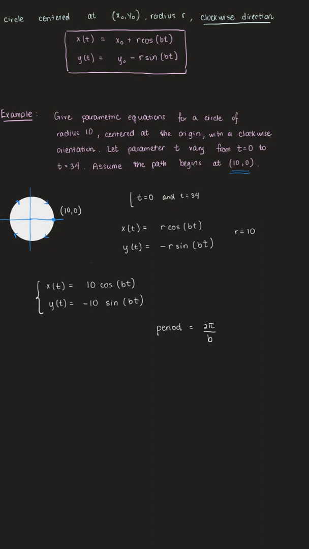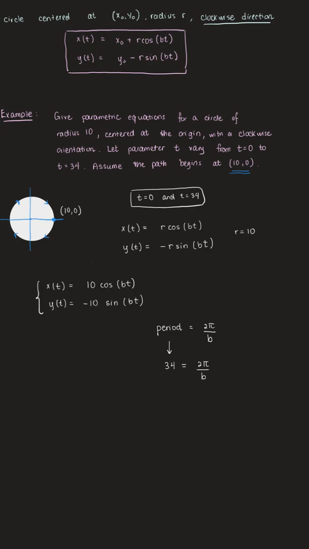We want to complete one cycle between t equals 0 and t equals 34. Imagine that we want to complete a cycle in 34 seconds. That means that the period is 34. That's how long it takes to complete one cycle. And so that's going to allow us to find our value of b.